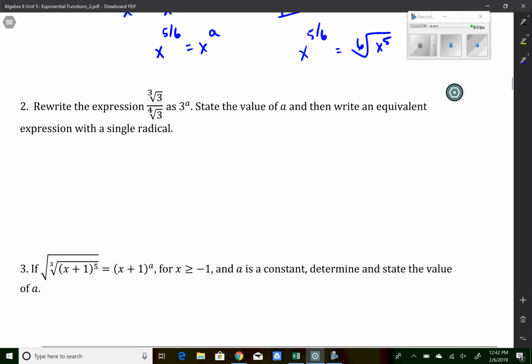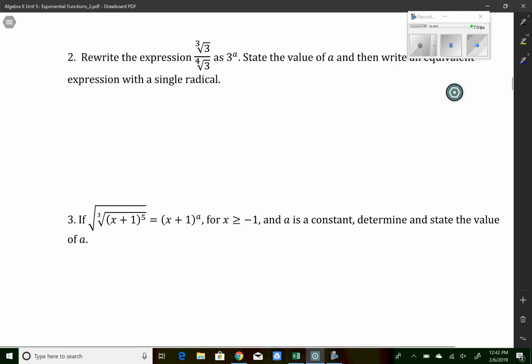Number 2 is basically the same as number 1, just instead of a variable of x, they put a number of 3 in there and use some division. So we can change the numerator to 3 to the 1/3 power.